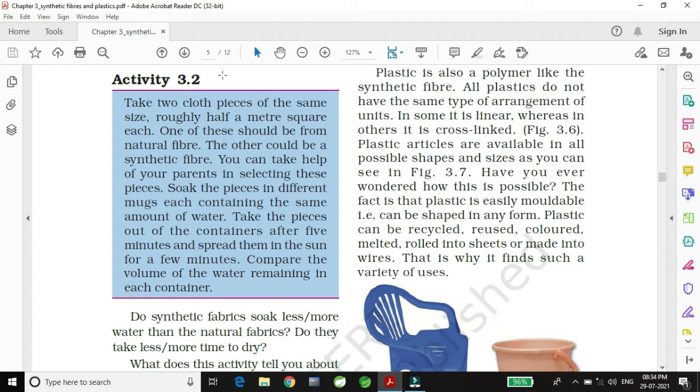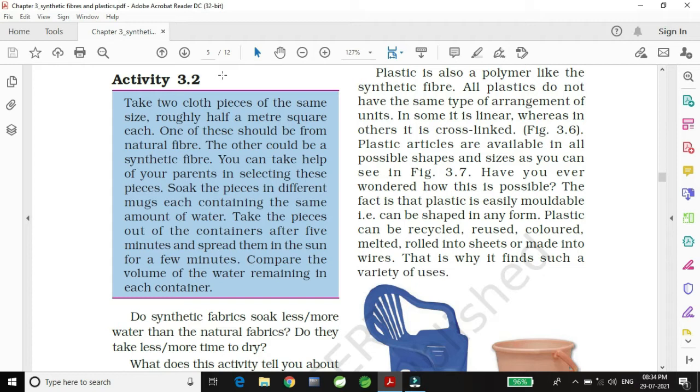As the activity is given, we should take two pieces of cloth. One is the natural fiber cloth, say cotton, and another is synthetic fiber, say terracotta or polycot, anything we will take. The two pieces of cloth we will dip inside the water and allow them to spread in the sun for a few minutes.